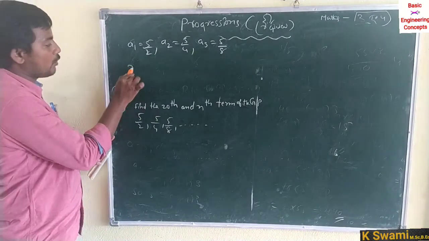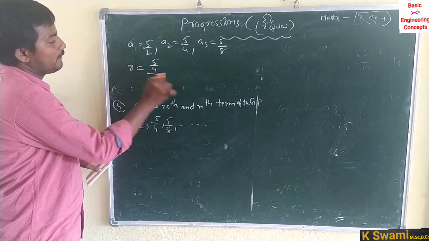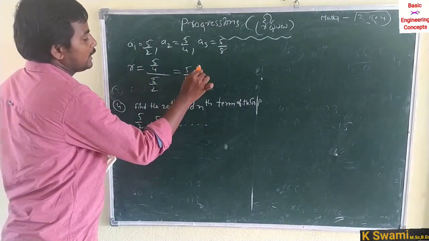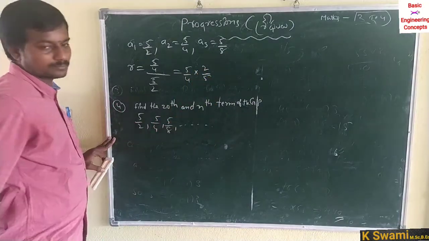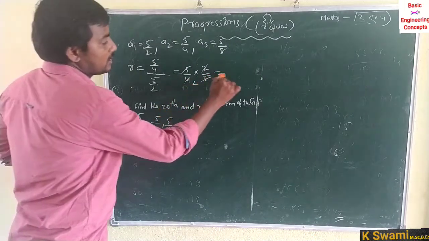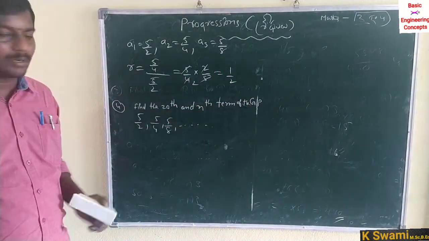The common ratio r is equal to 5/4 by 5/2, so 5/4 into 2/5. 5 1s are 5, 5 1s are 5, 2 1s are 2, 2 2s are 4. That is equal to 1/2. The common ratio is r is equal to 1/2.